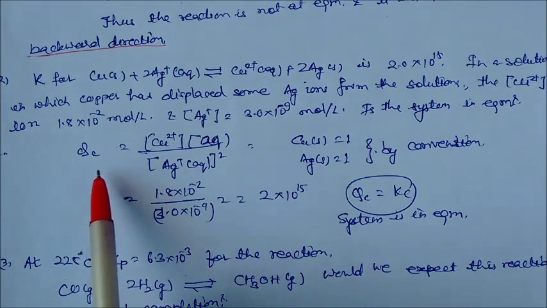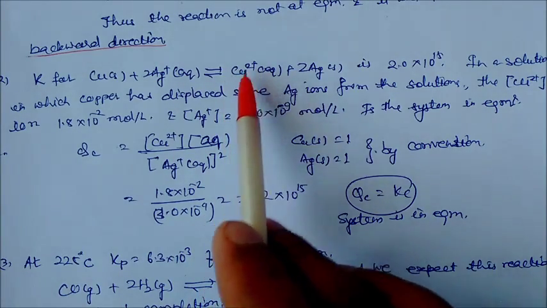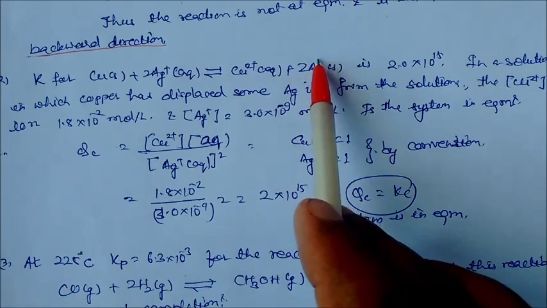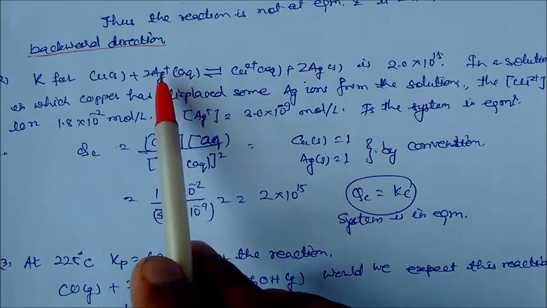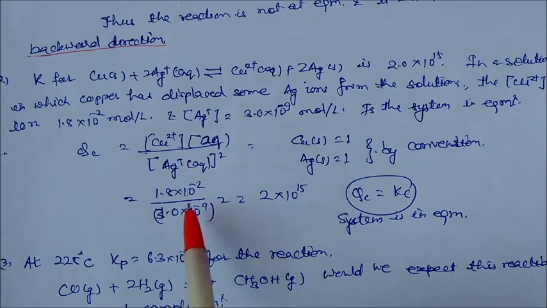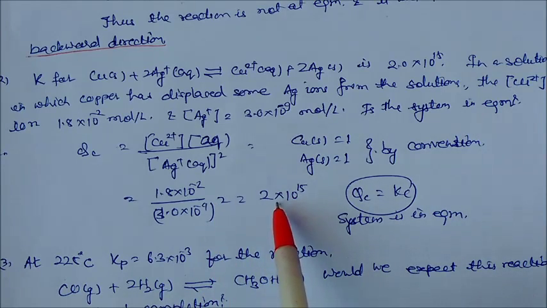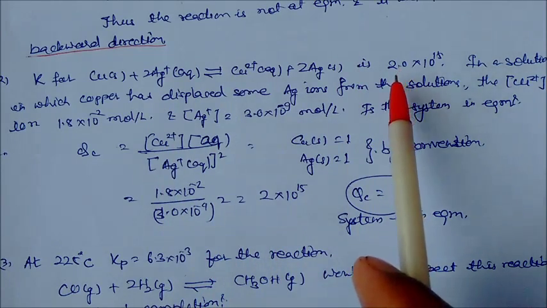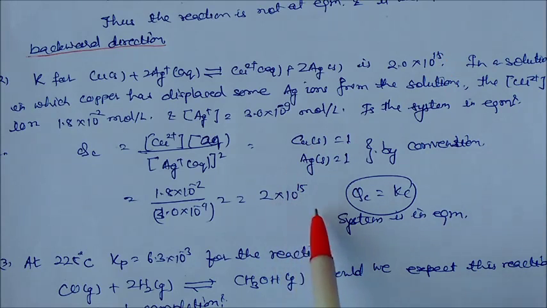Now QC: take the concentration of the cupric ion, and since copper is in solid state, we neglect it. On the reactant side, take the silver ion concentration. Write product by reactant, put in the concentration values, and solve, and you get this value. Now compare QC with KC. KC is 2 into 10 power 15, and QC is again 2 into 10 power 15. This means QC is equal to KC, so this system is in equilibrium.